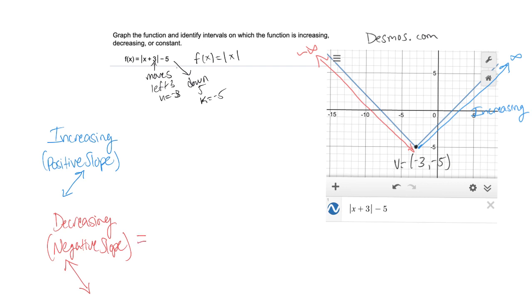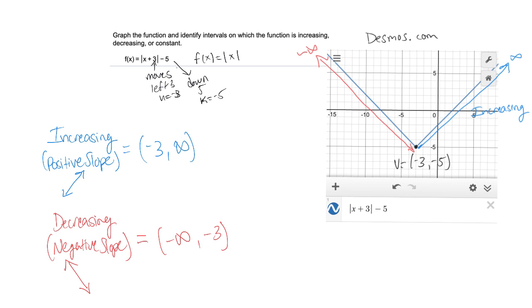Okay, so our decreasing is negative infinity and then stops at -3. It does not include -3 because at that point it's neither increasing nor decreasing. For the positive, right, it started at -3 and then went to infinity.